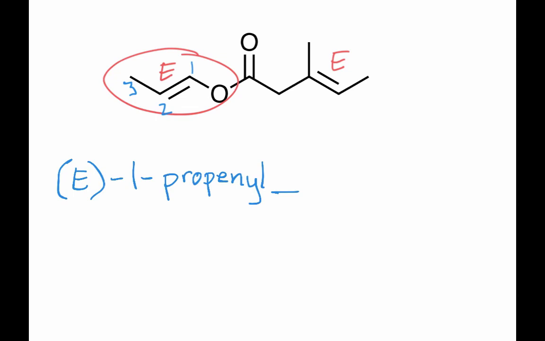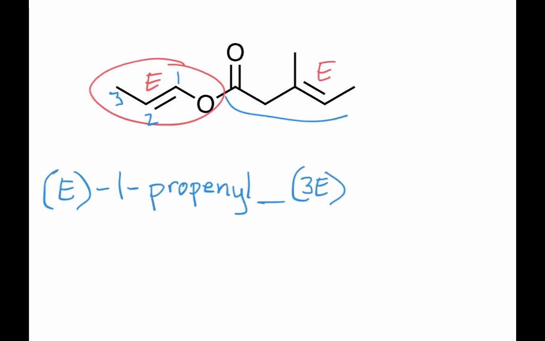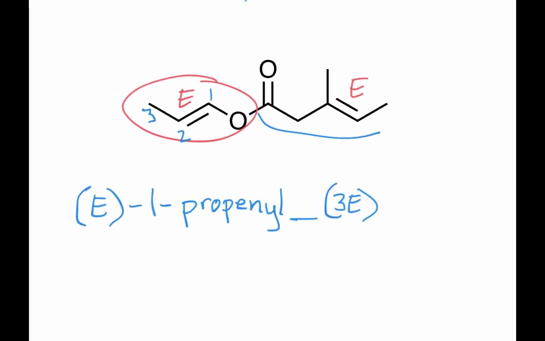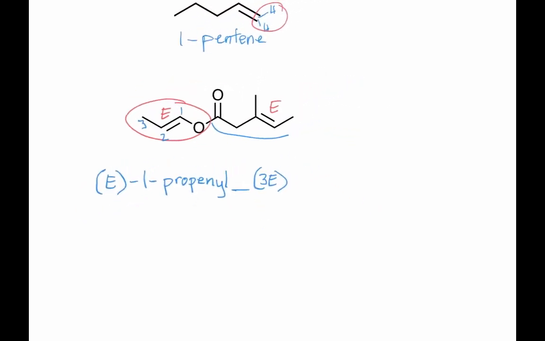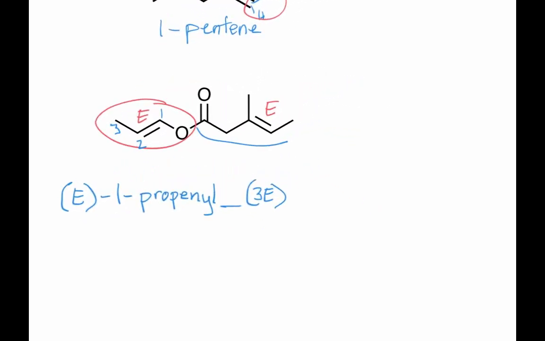And then I'm going to name the rest of the parent chain side of the ester. At carbon number 3, I'm going to have an E alkene. And then let me just shrink this down to continue fitting it in. There we go. So 3E, and then I have a methyl group on the 3rd carbon, right? 1, 2, 3, so there's a methyl group on the 3rd carbon.